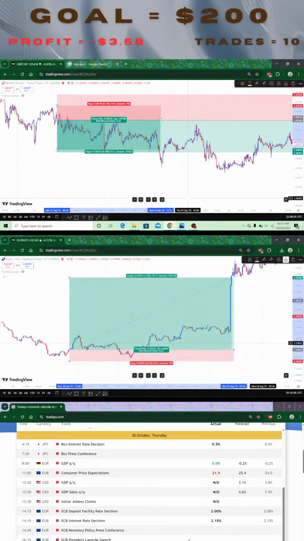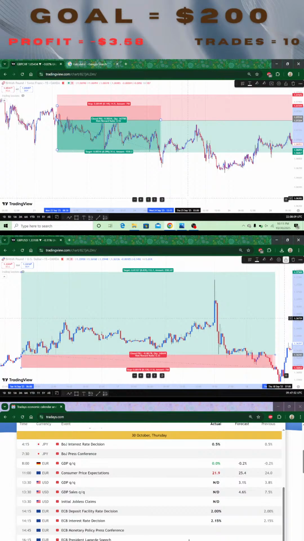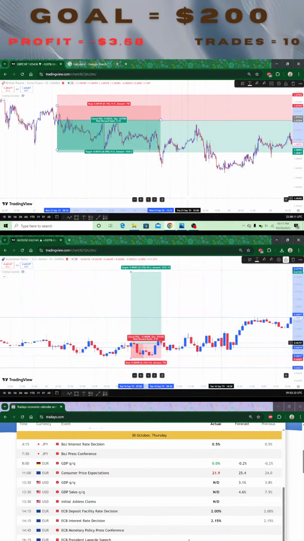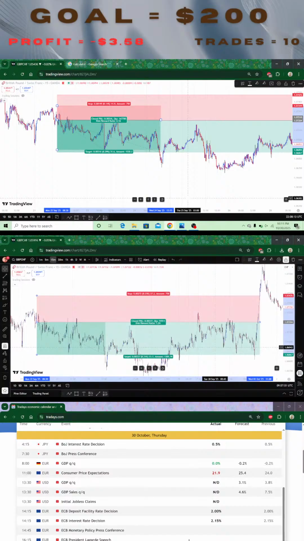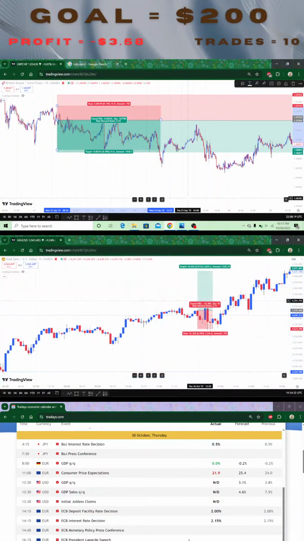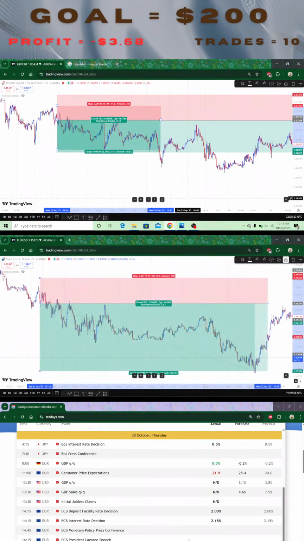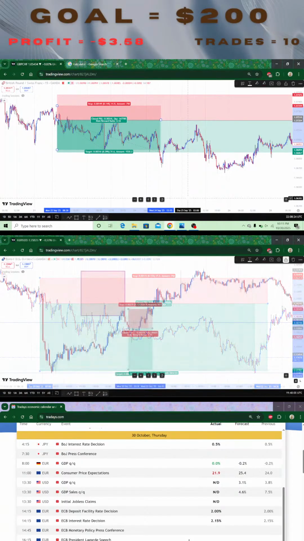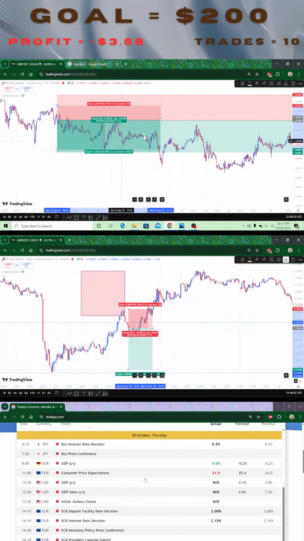But no, because I was not following the rules, I was not obeying the instructions of the strategy, I ended up losing out on this trade.